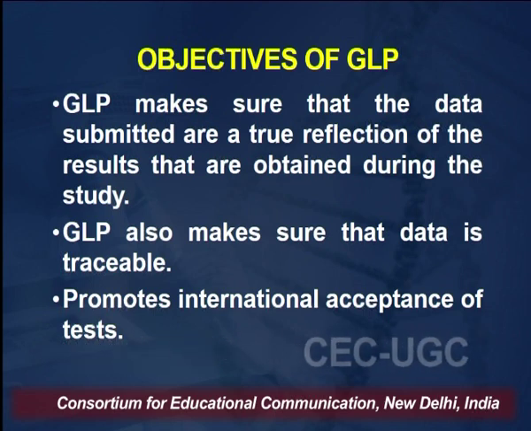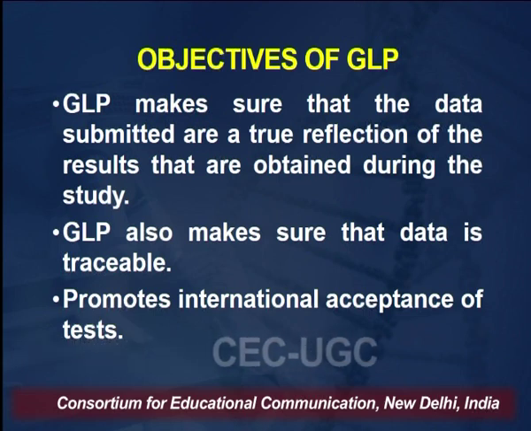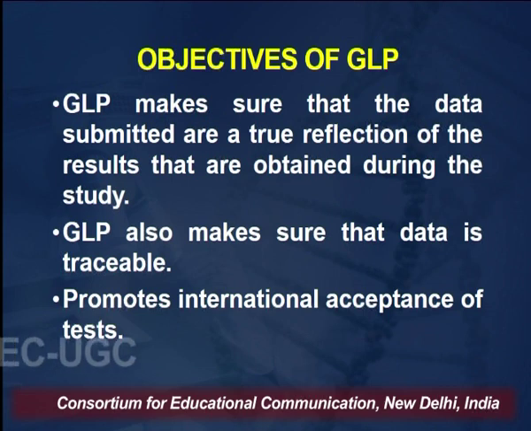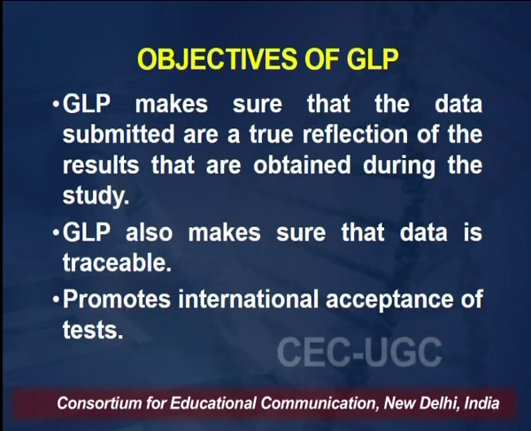GLP also makes sure the data is traceable. If I am claiming that the molecule ciprofloxacin is an antibiotic, I am focusing on antibiotic actions. So, data must be present that ciprofloxacin is an antibiotic and it is traceable. It promotes the international acceptance of the test.